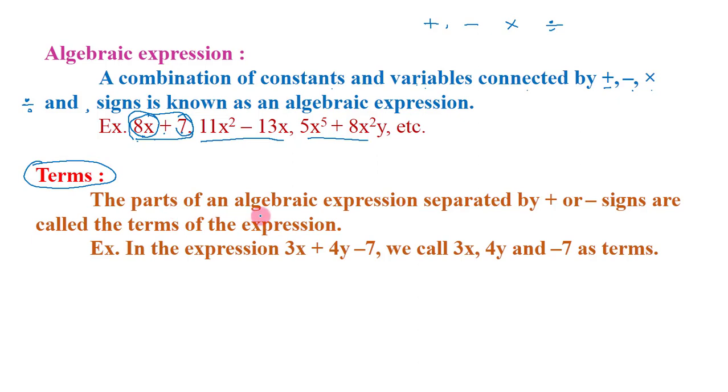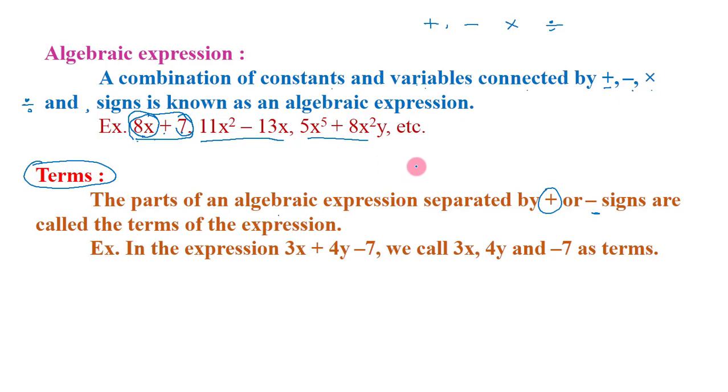The parts of an algebraic expression separated by plus or minus signs are called the terms of the expression. In an algebraic expression there are certain parts, and those parts are separated by plus or minus.